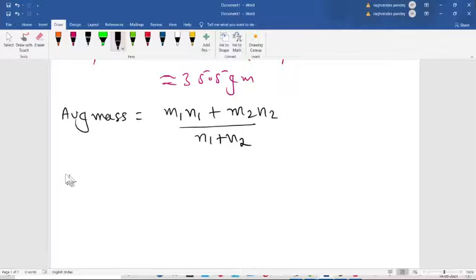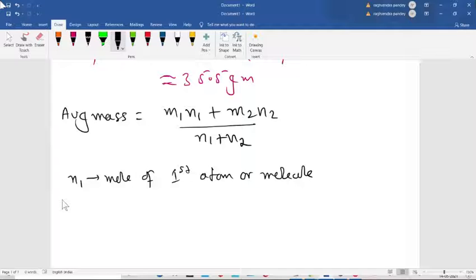So n1 is the moles of the first atom or molecule, and m1 is the mass of the first atom or molecule.